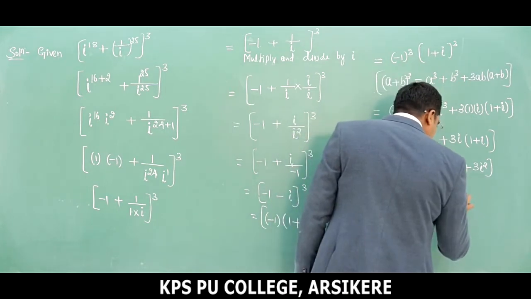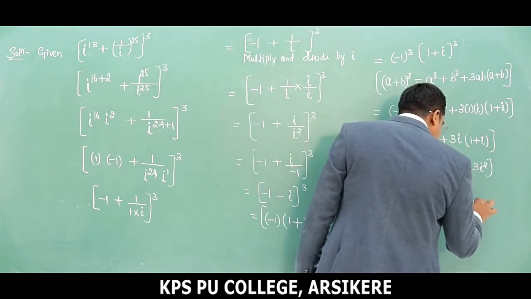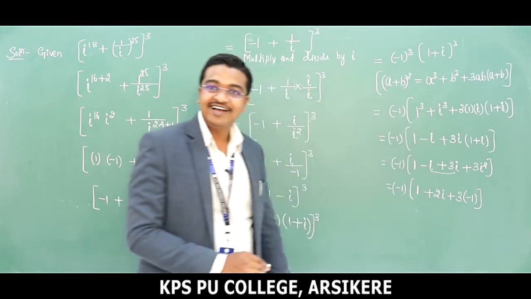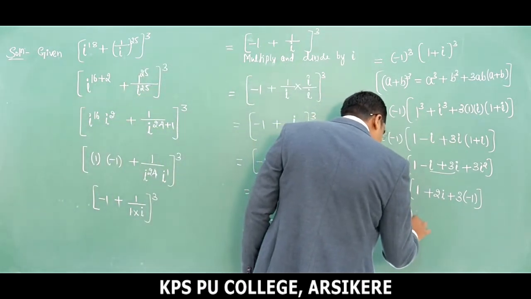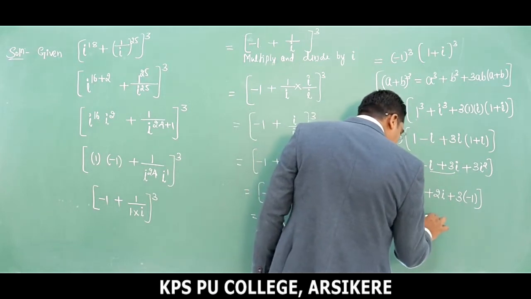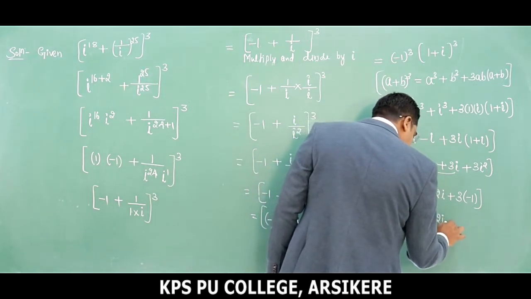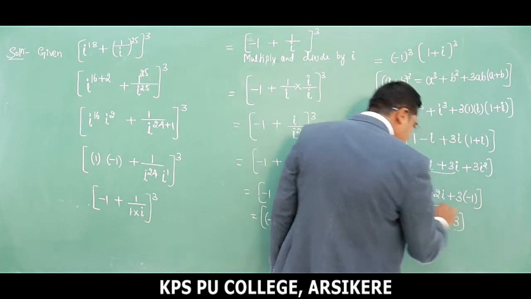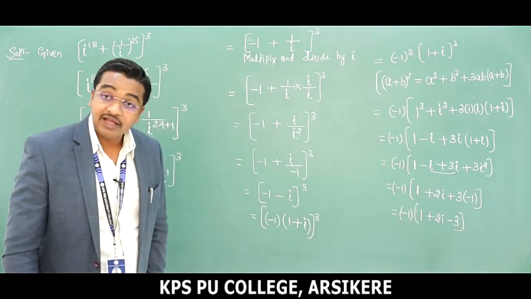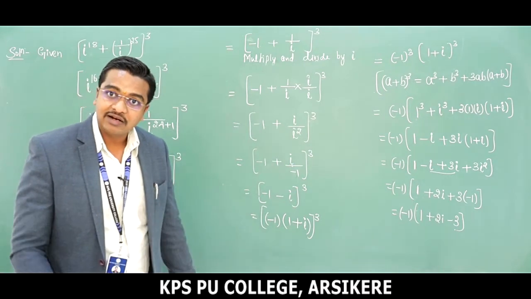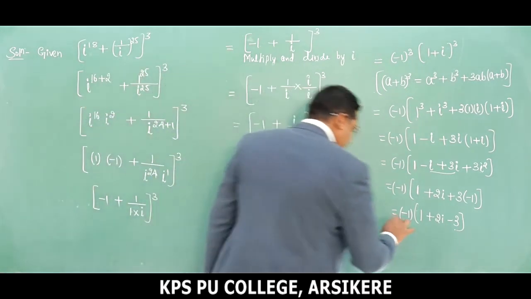Clear? And here plus 3 is there as it is, and i square value is minus 1. Then this reduces as minus 1 times 1 plus 2i minus 3. Just take the real numbers, 1 minus 3, that reduces as minus 2.